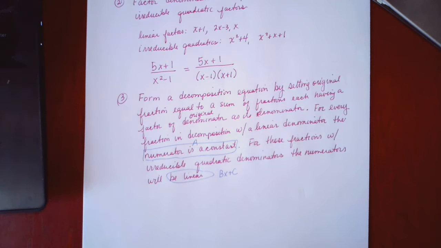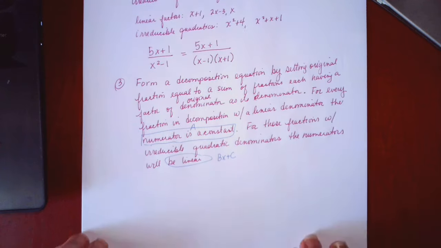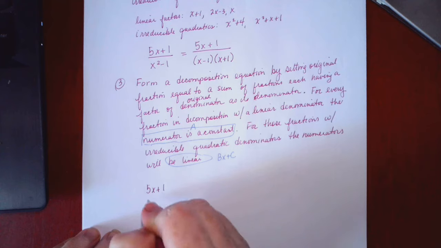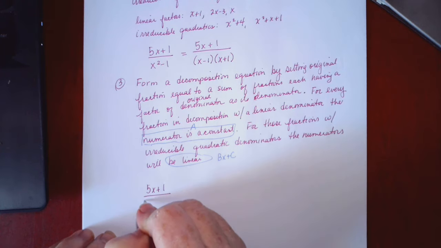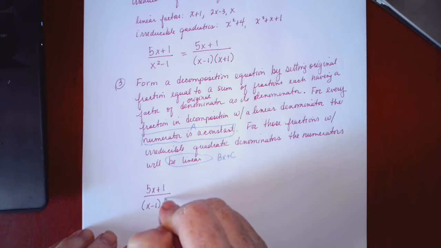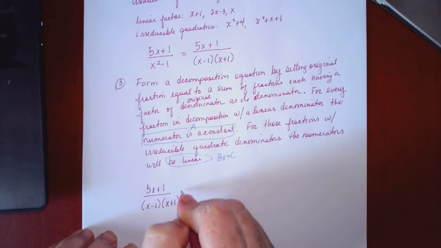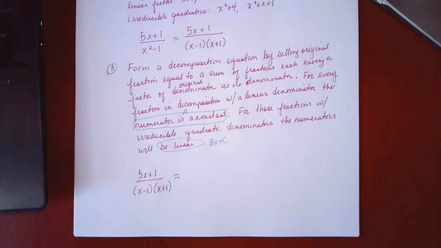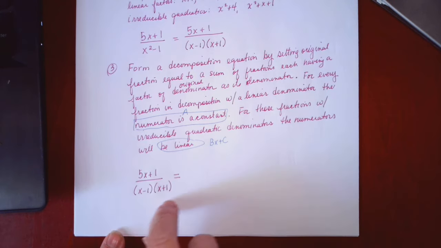So for our particular fraction, we have 5x plus 1 over x minus 1 times x plus 1. Our decomposition equation is going to look like the following. I have two distinct linear factors here.